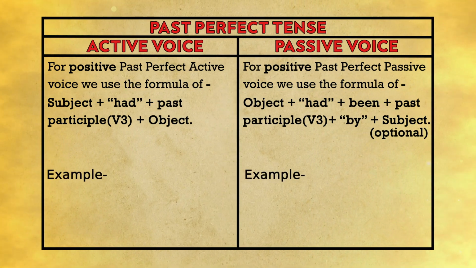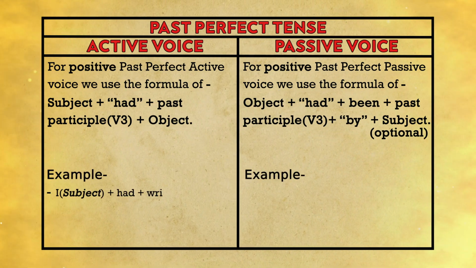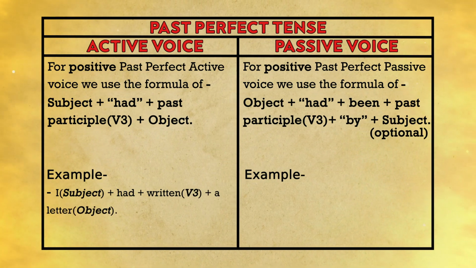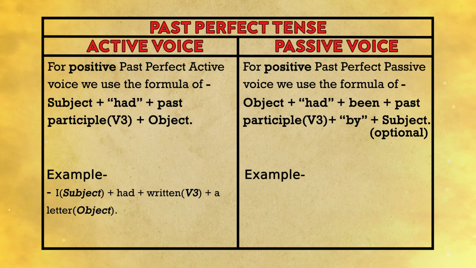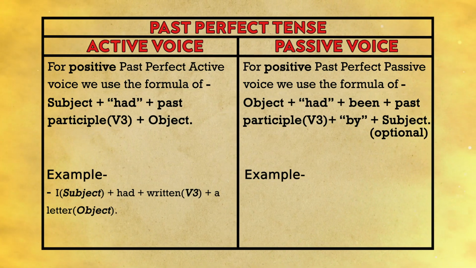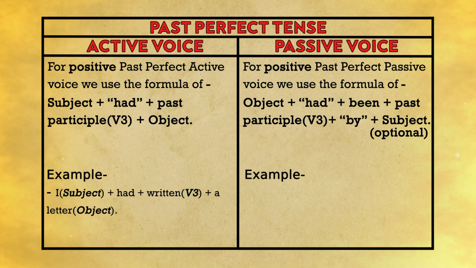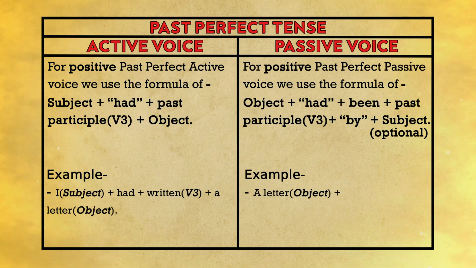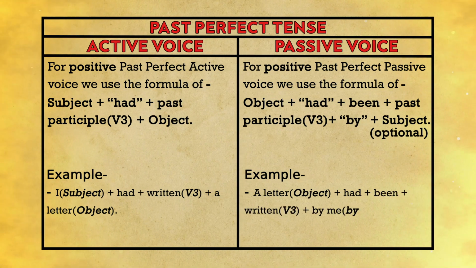For example, I had written a letter. Here I is the subject, plus had, plus written, that is third form of the verb. A letter is the object. Now when we change it, a letter had been written by me.